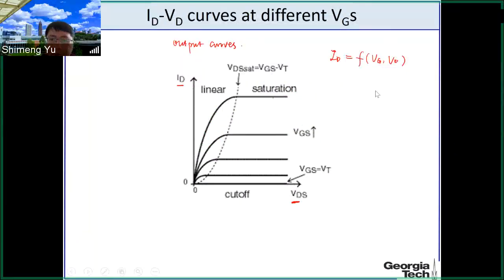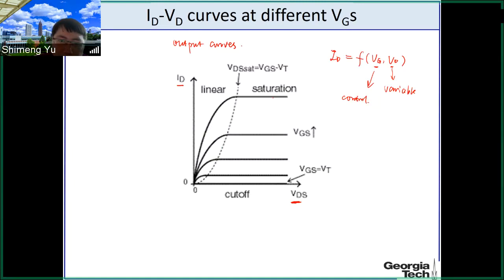If you choose VD, you draw ID-VD, then the VG will become a control. So we have a group of curves corresponding to different VG. This is because you choose VD as a variable, and then the VG is a control. So this is how it looks like. This is exactly the same as the equations in the previous slide.